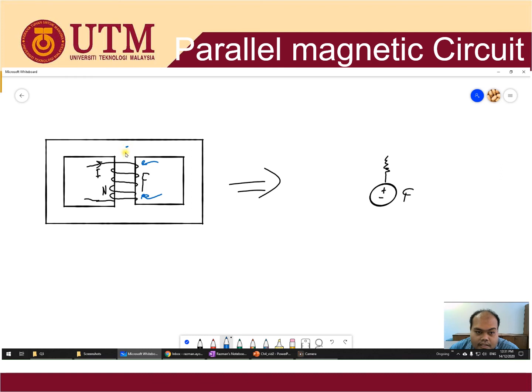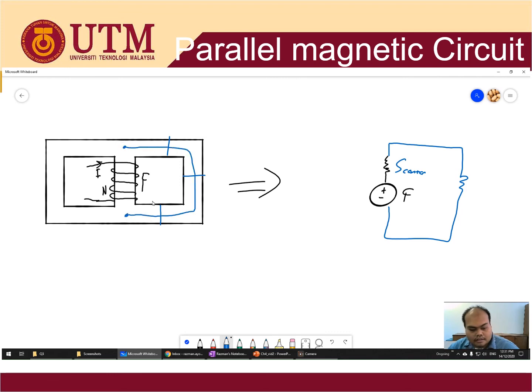At the center here you need to consider it also, because there is a component here. From here, the length to here, this is the cross section. So you have to consider that as a reluctance in series. So the center, and then 2, assume that this area is the same, and the length starts from here to here.